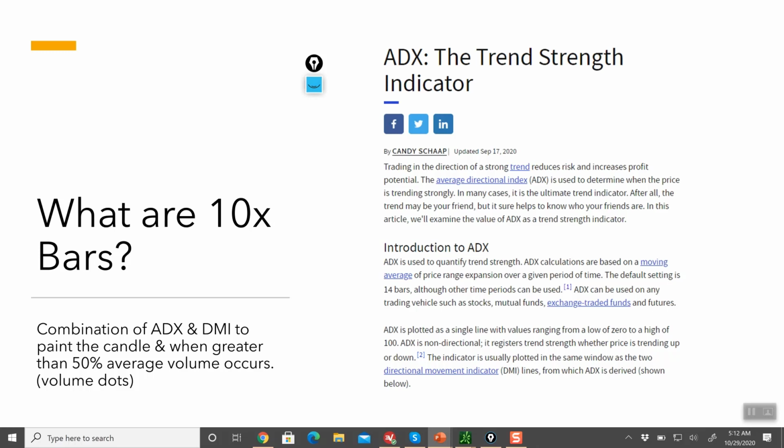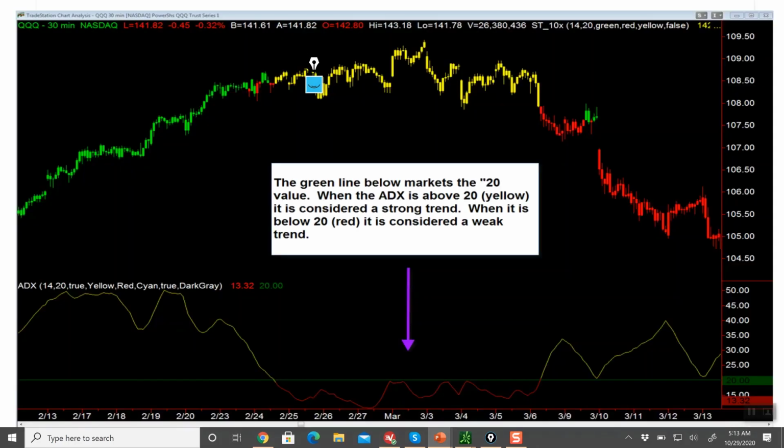Basically, you have a positive and a negative. If the positive is stacked above the negative, then the trend is positive, and if the negative is above the positive, then the trend is negative. So it's relatively pretty simple there. That's just how it dictates trend. It shows you which way momentum and trend is going.